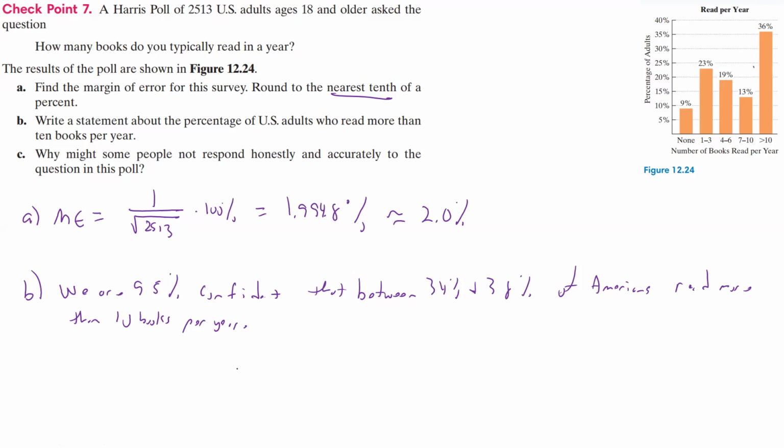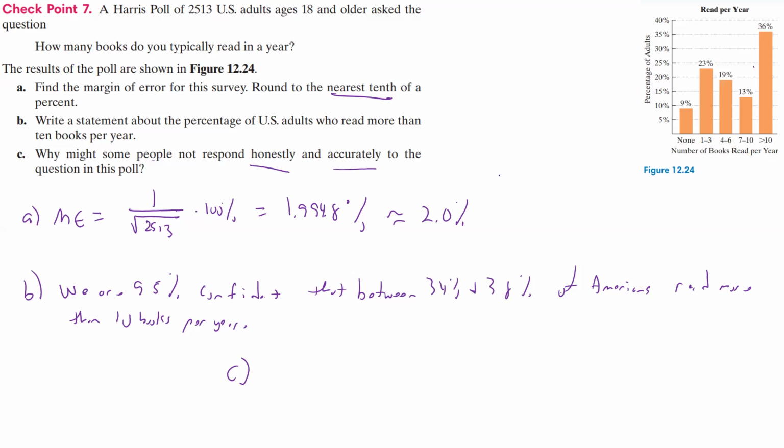Now, part C: why might some people not respond honestly and accurately to the question in this poll? Mostly because they're going to be embarrassed if they don't read at least 10 books a year, or maybe they don't read any books at all. If they think you want to hear something, they'll say, hey, I read 15 books per year, 20 books per year. So some people are not answering honestly or accurately because of that.